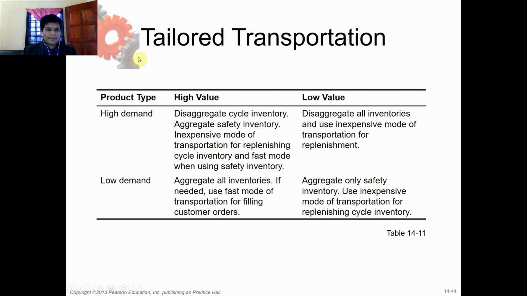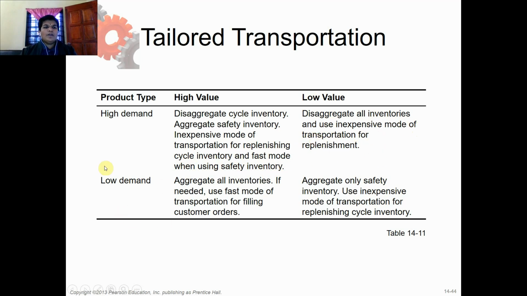So for product type, high demand product, low demand product. Okay, high demand: disaggregate cycle inventory, aggregate safety inventory, inexpensive mode of transportation for replenishing cycle inventory and fast mode when using safety inventory. Disaggregate all inventory and use inexpensive mode of transportation for replenishment.